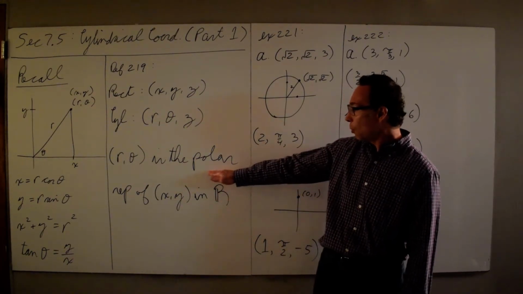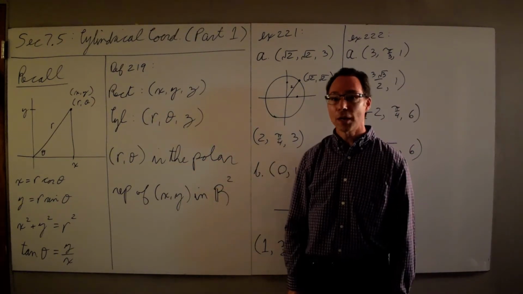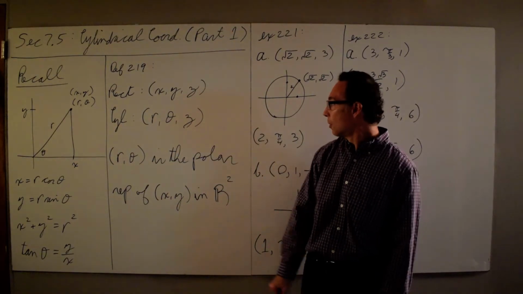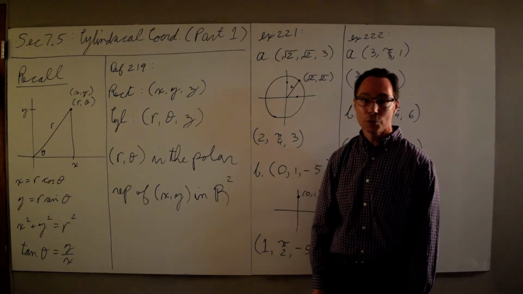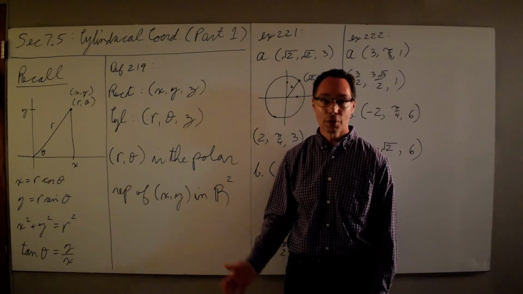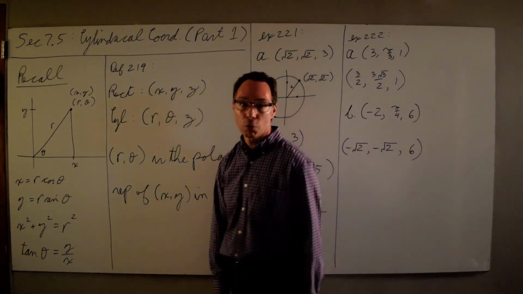Clearly that's false. (r, theta) is a polar representation of (x, y) in R2. And the z's are equal, so this z is equal to this z. So converting back and forth is really the same as converting between rectangular and polar in R2. There's no real difference in difficulty level there.